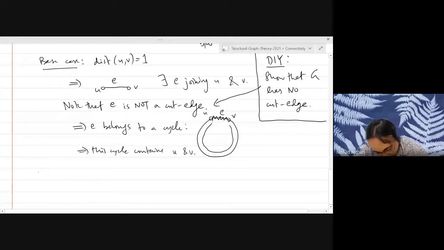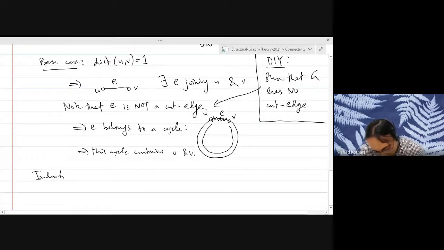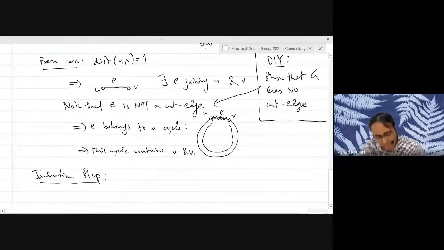Now let's proceed to the induction step. Notice that this is a slightly different induction proof than the ones we have done before. Before, we were trying to prove a statement about a big graph, knowing that it is true for all smaller graphs.